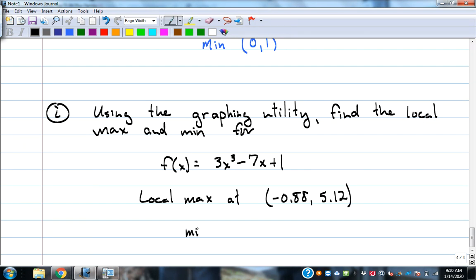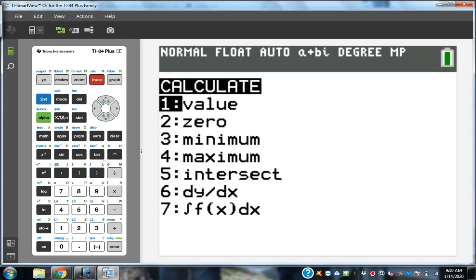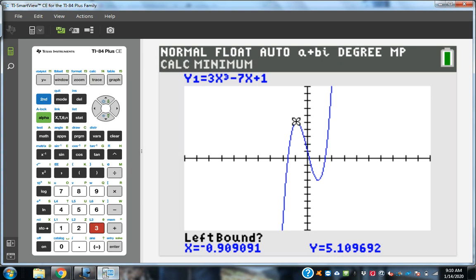And then I'm going to find that local min. Okay. So how do I get to the menu so that I can use the minimum tool? Second trace. I'm going to use the minimum tool, which is number 3. And then I need to move over there just to the left of where I know that local minimum is.